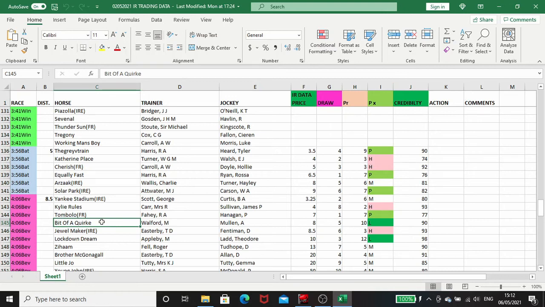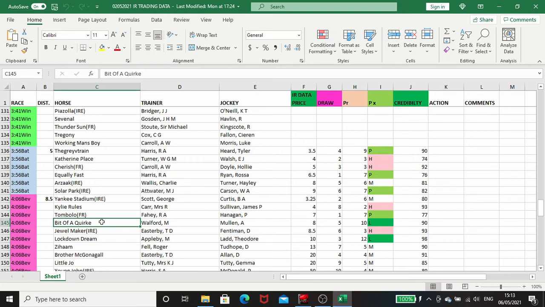So a lot of traders like to play the front runners, putting orders in the market just before the off. Hopefully they'll get taken, and then as the horse gets out early and gets out in the lead, the price comes crashing in. They lay those prices off, before the market then rebounds back to its probably normal market position.